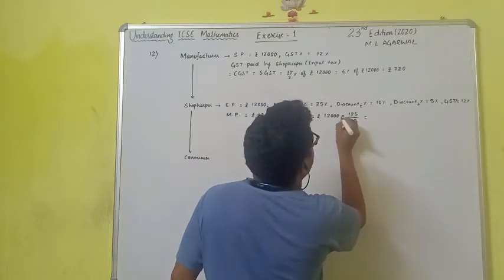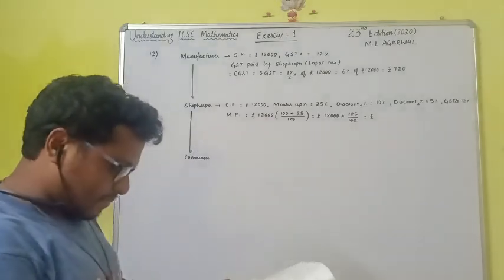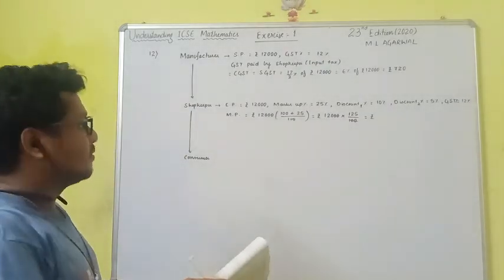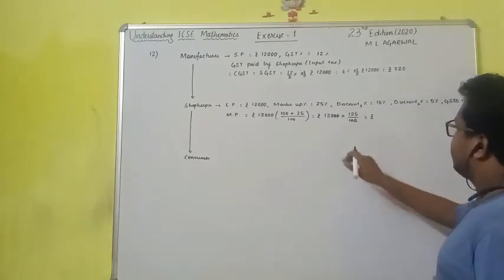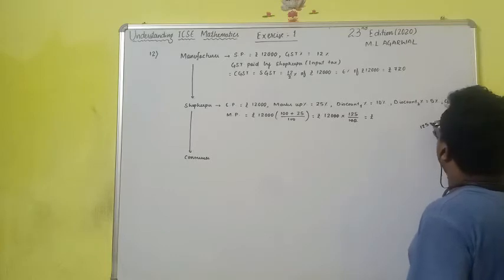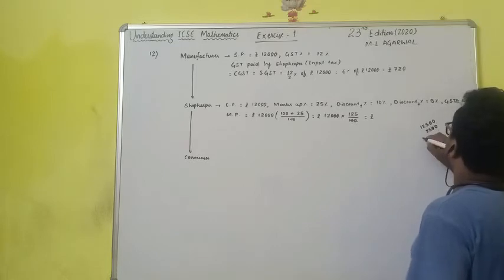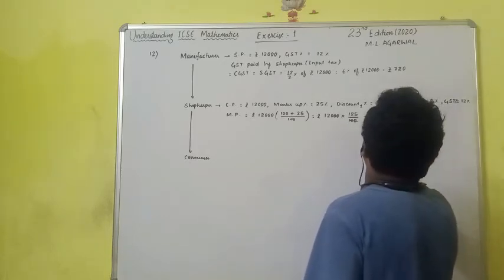Here the zeros cancel, 120 into 125 will be equal to 15,000. So the marked price is equal to 15,000.